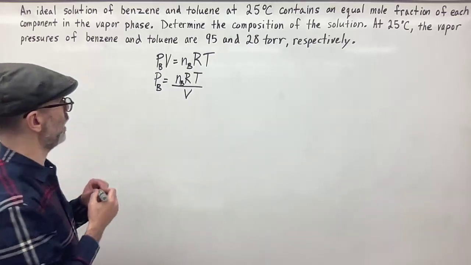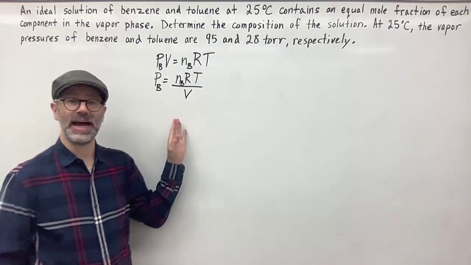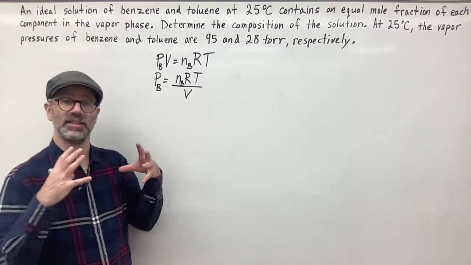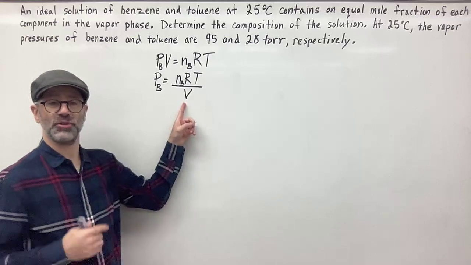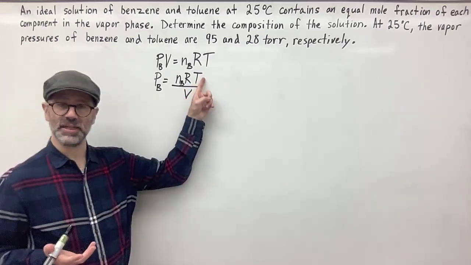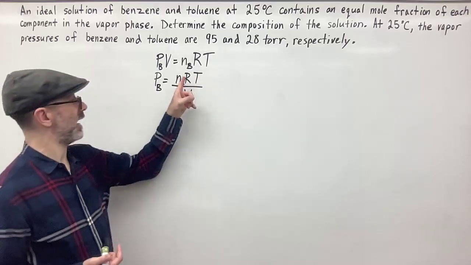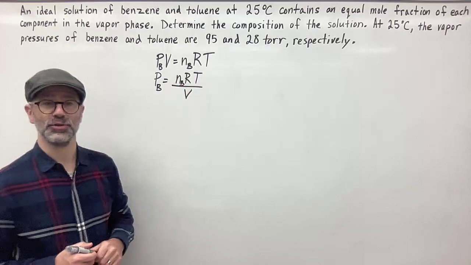You'll notice that if we're looking at the same solution in the same container, the volume is going to be the same for each of the gases. The temperature is going to be the same for each of the gases, since it's a mixture of gases. And of course, the R value is the same.